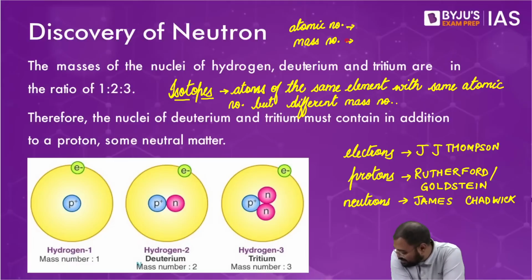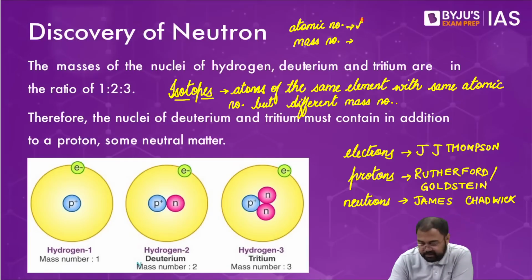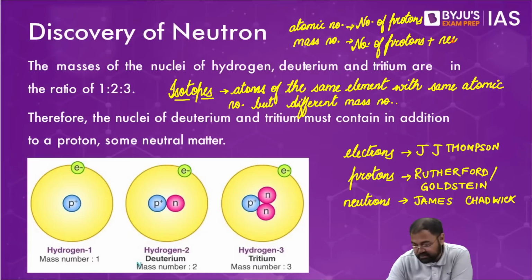That's fine. So atomic number is equal to the number of protons, and mass number is number of protons plus neutrons, right?